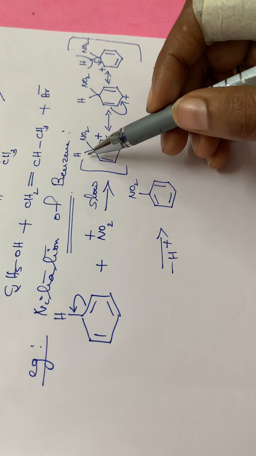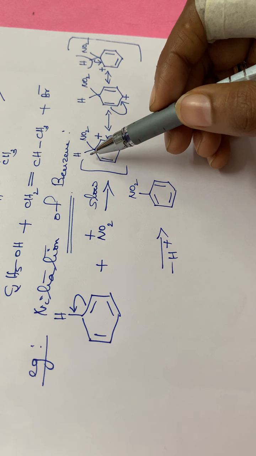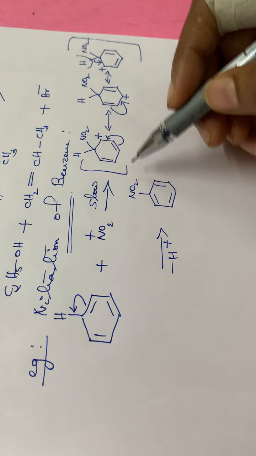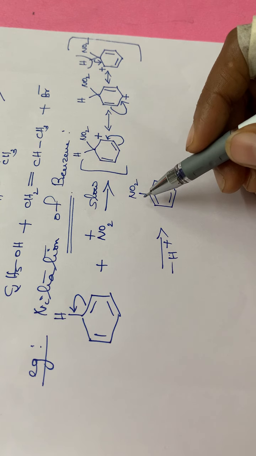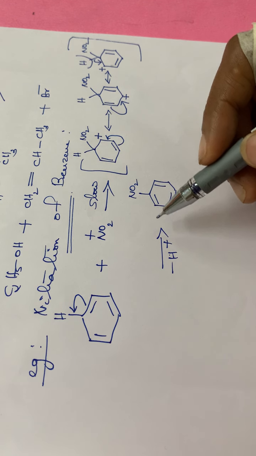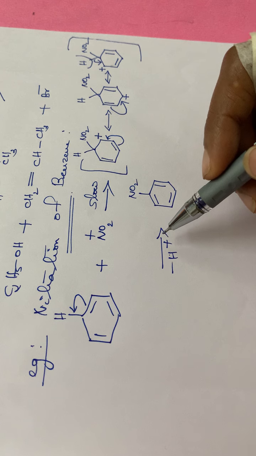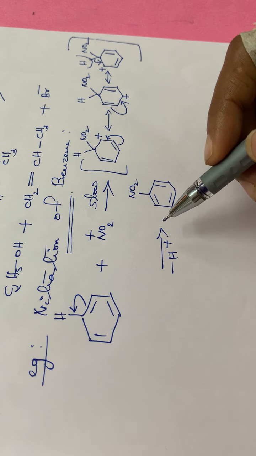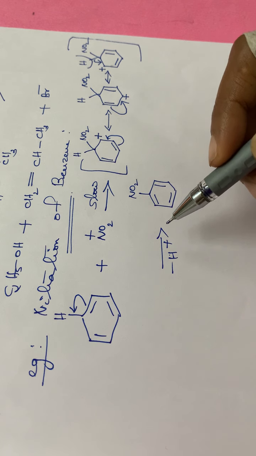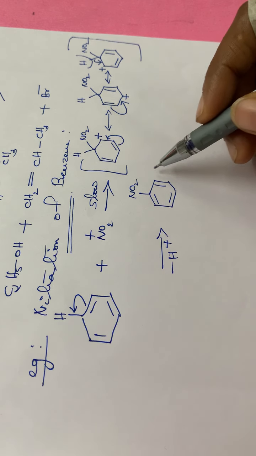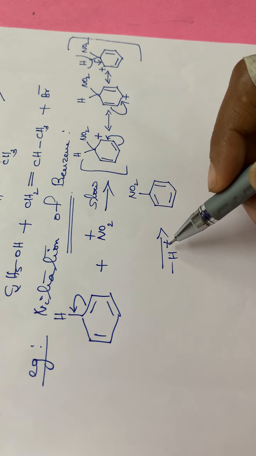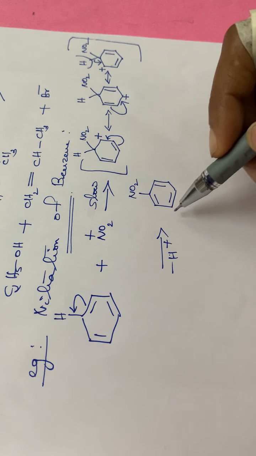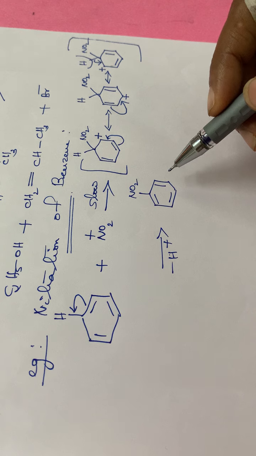The C-H bond is present there. There is no breaking of the C-H bond. And in the second step, what happens? See, H plus is removed, so the breaking of the C-H bond is there only in the second step, and therefore a carbocation is formed as an intermediate to form nitrobenzene.